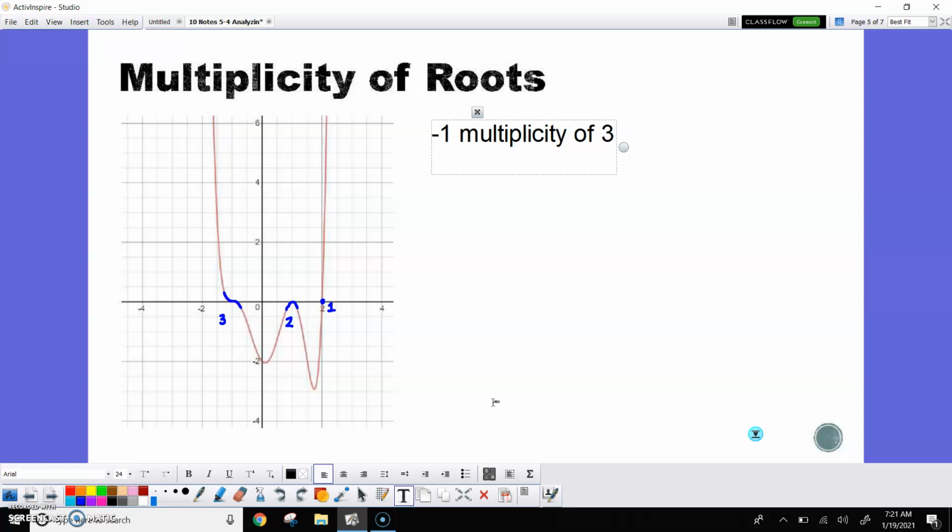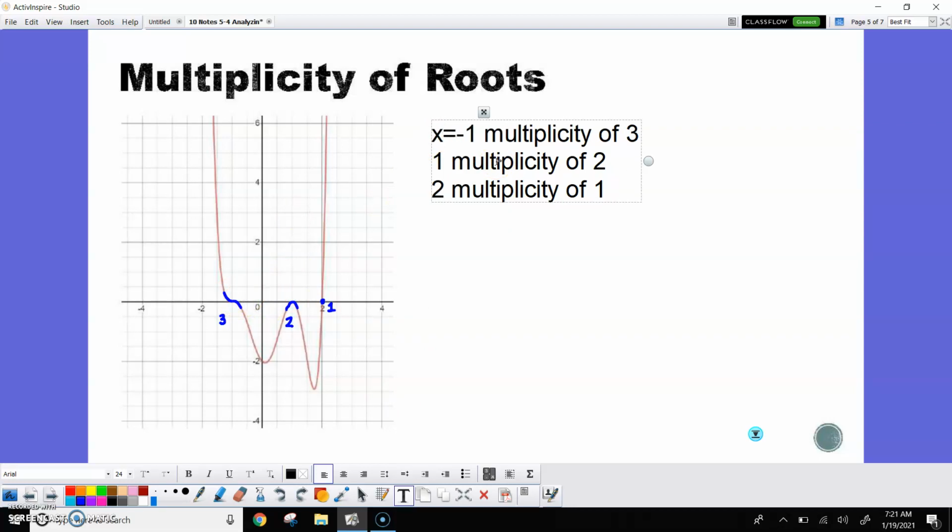This one is at 1. 1 has a multiplicity of 2. And 2 has a multiplicity of 1. And this is when x equals -1, when x equals 1, and when x equals 2.